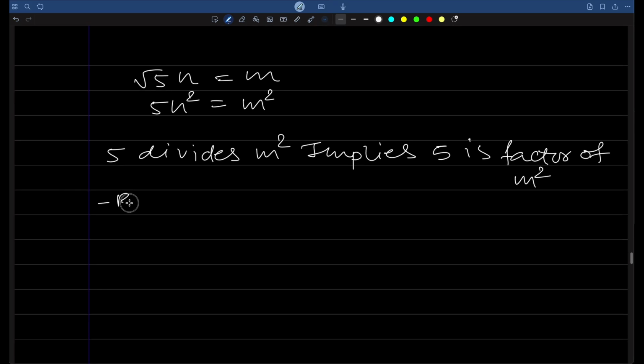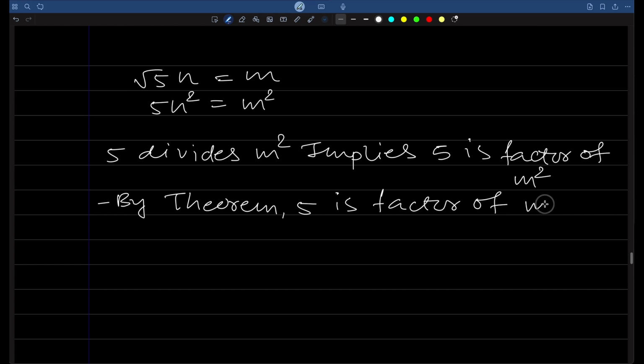And by theorem, we can say 5 is also a factor of m. So we can write m equals 5 into some other constant, let's say k, where k is an integer.